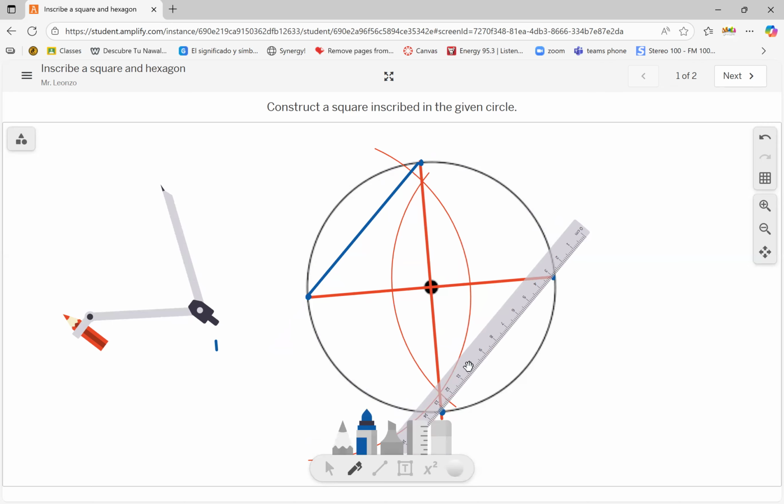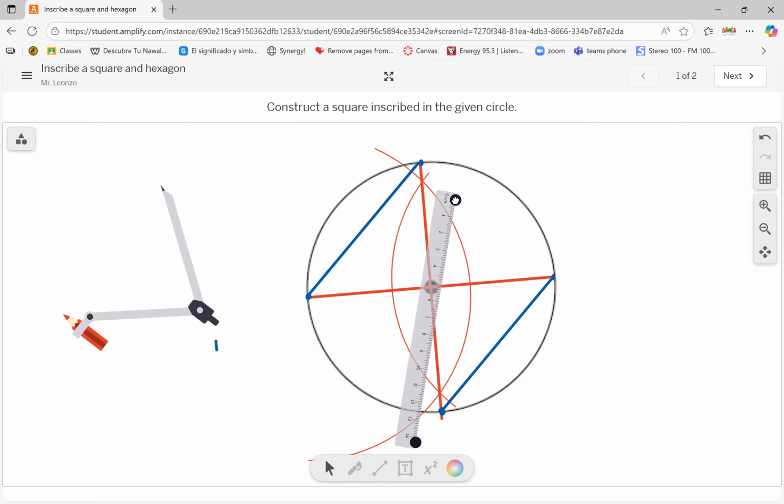Grab my marker. No one told me that my square had to be standing in a specific way, so my square is going to be a little tilted. That's fine. It's not against the rules.